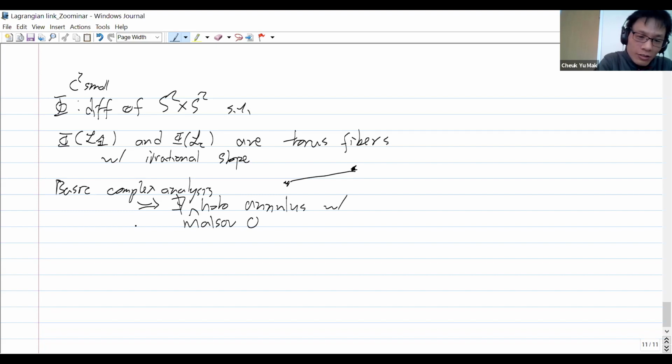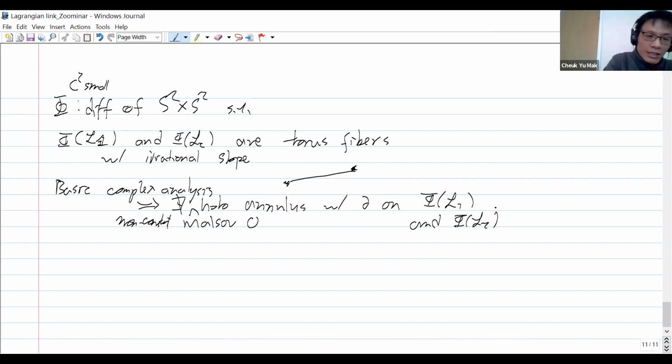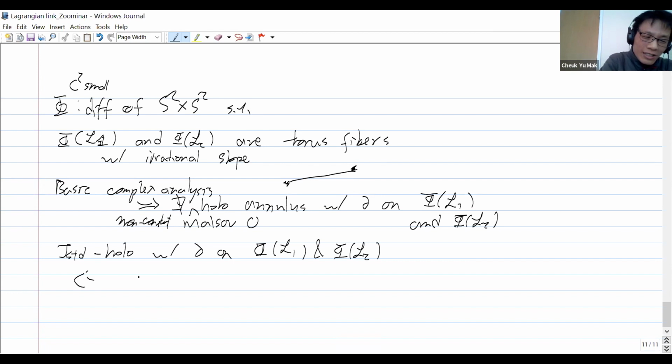With non-constant, with boundary on these two, phi L1 and phi L2. And now a standard J holomorphic curve with boundary on this is the same thing as either push forward or pull back. I don't know.